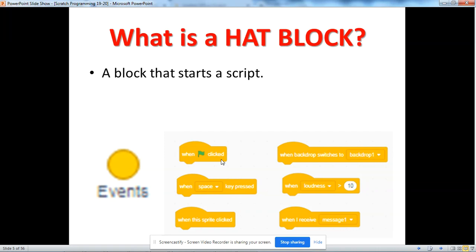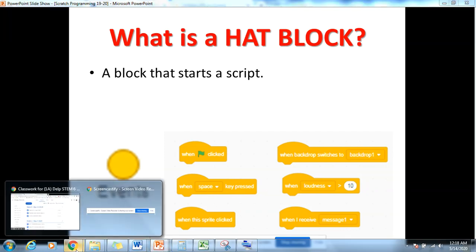In Scratch, our hat blocks are categorized by color and type. All right, so we're going to find our hat blocks, almost all of them, under a category called events, which is kind of a goldenrod yellow color. And I'll show you in Scratch. Let's see here, right?